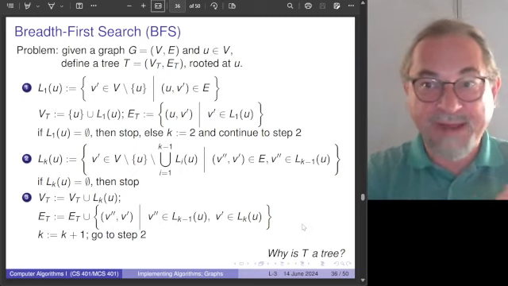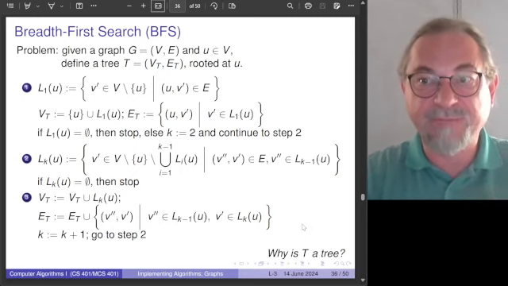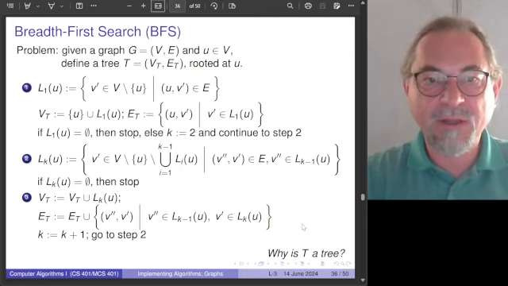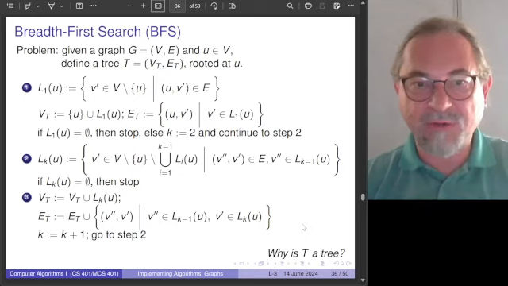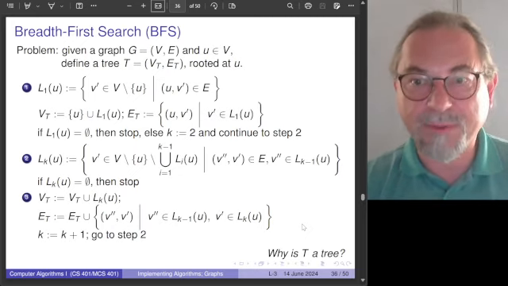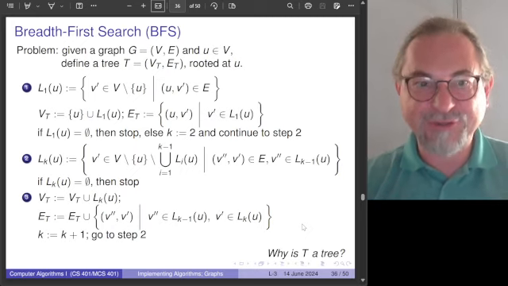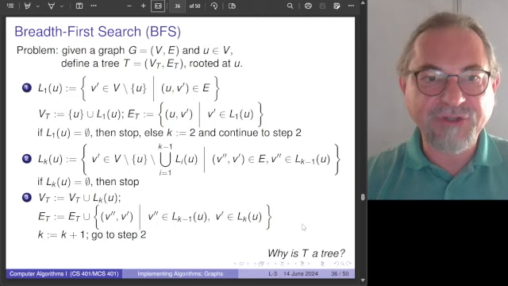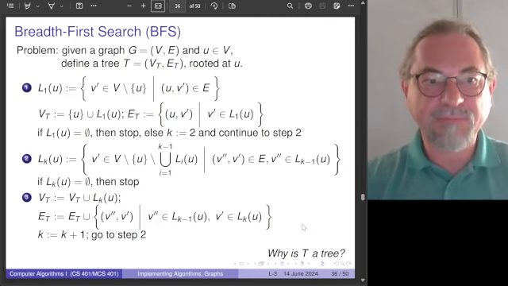We don't go back to U. We don't go back to any previous vertex in a previous layer. We collect all V primes that are connected to a V double prime at the previous layer. So the mathematical notation is recycling the definitions, but it is also at the same time very precise.